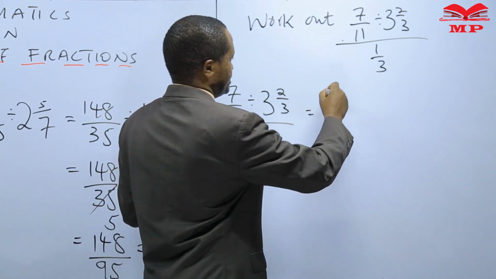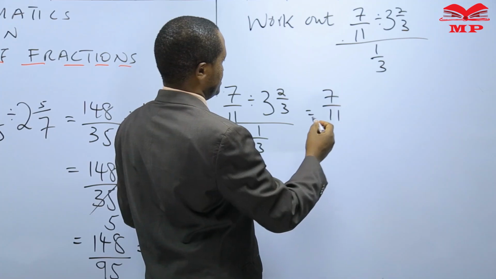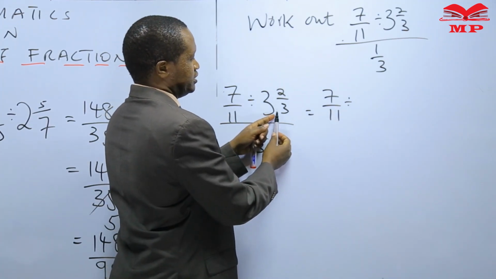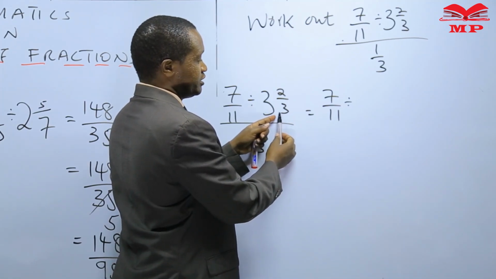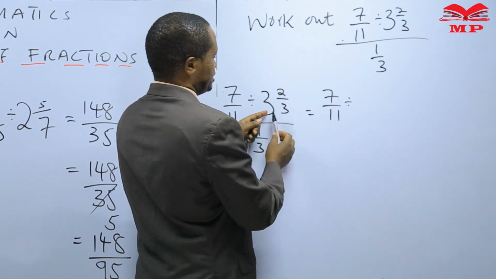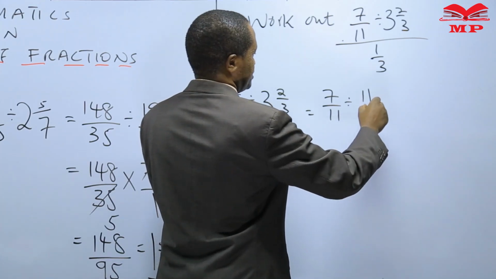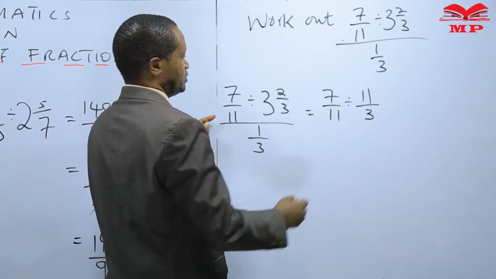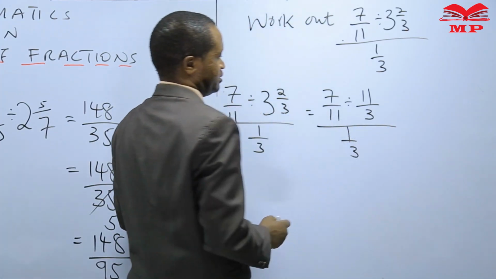The numerator, 7 over 11 divide by, we get here, this is a mixed number. We convert this mixed number to an improper fraction. 3 times 3, 9, plus 2, 11 over 3 divide by 1 over 3.